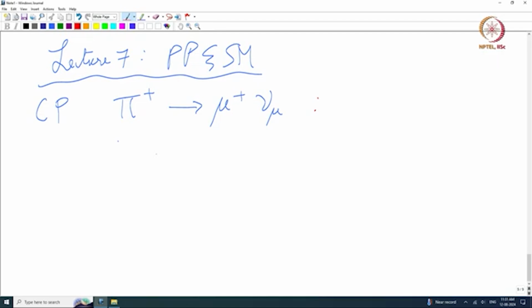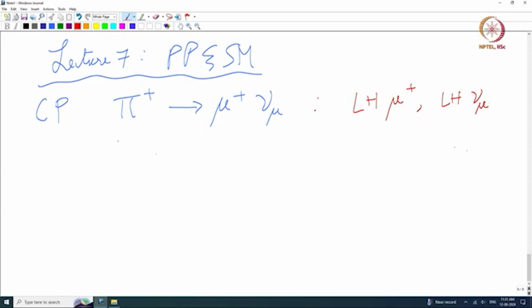So I encourage you to go back 2 or 3 lectures back to see how this was derived. So what this means is, just going to summarize this here, a left handed mu plus was got, and at the same time you got a left handed neutrino, right.